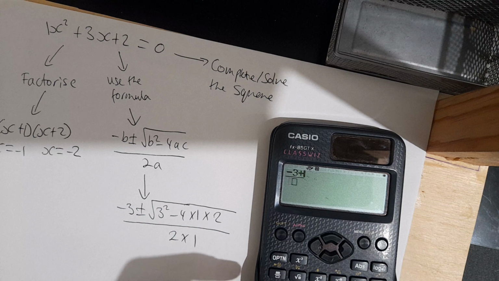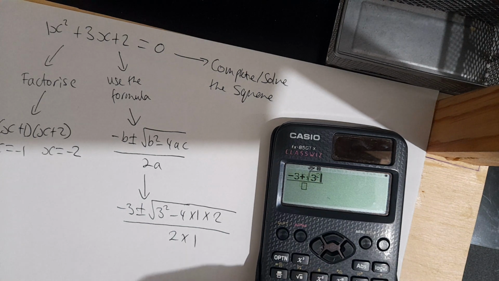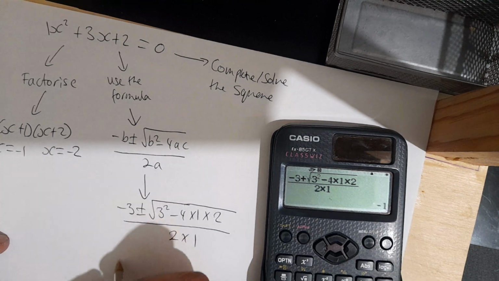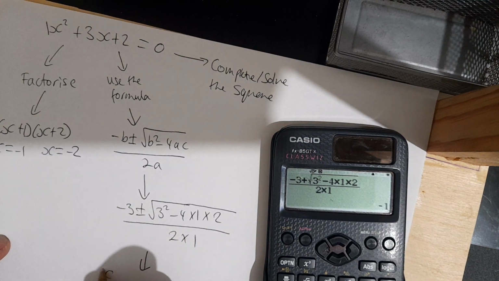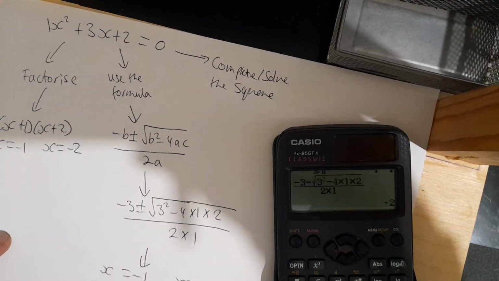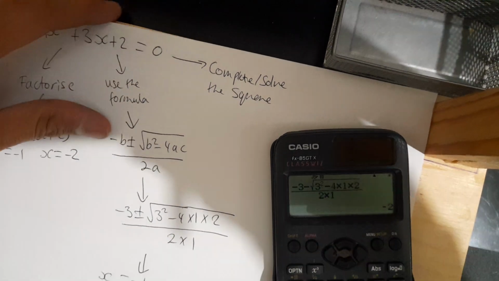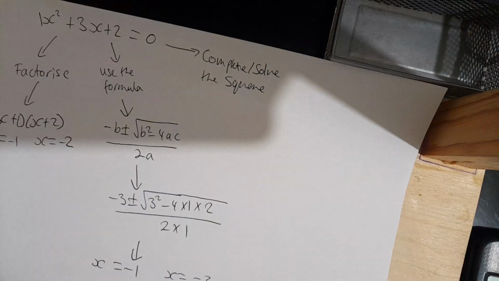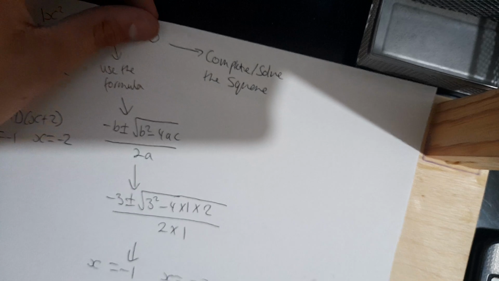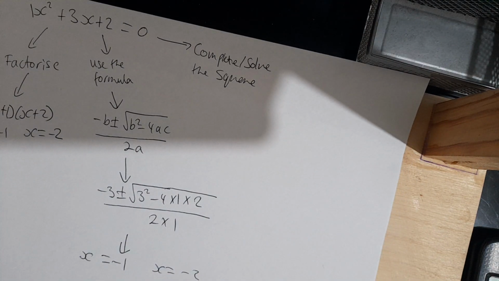Speed things up, -3 plus the square root of 3 squared, take away 4 times 1 times 2, all over 2 times 1. So that gives me that x is equal to -1, or when I switch this sign around to negative, x also equals -2. Sorry, my paper. And that's the exact same answer that we get from factorizing. So these different methods, they should still all give us the same answer.